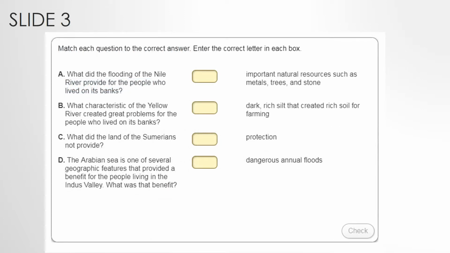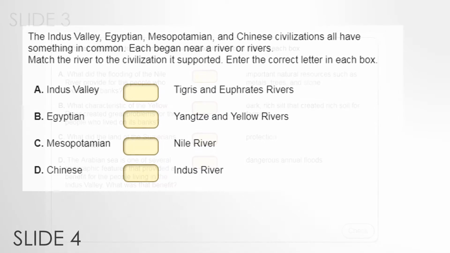So just a brief overview, we'll go over these together in class, but taking a look at the rivers and some of those physical characteristics of the land, rivers, protection, and so forth, you're going to match each civilization to its characteristic here on the right. As you move through the activities, you'll go slide by slide.